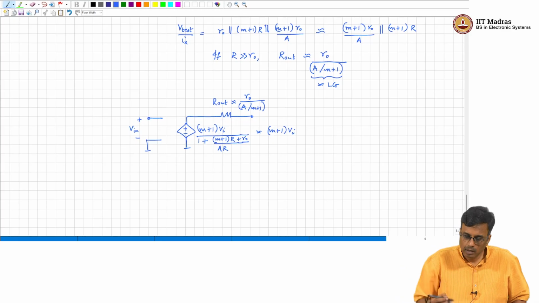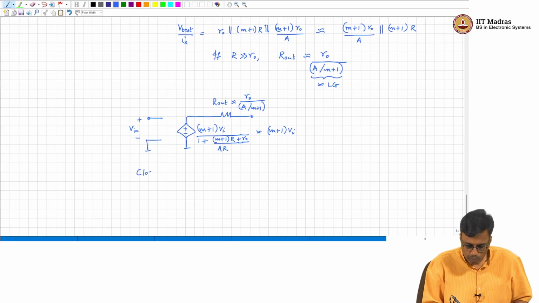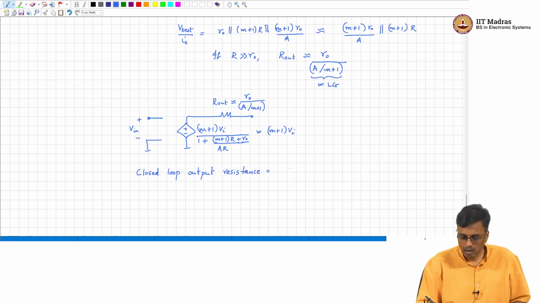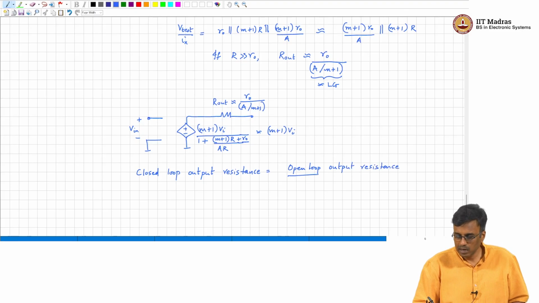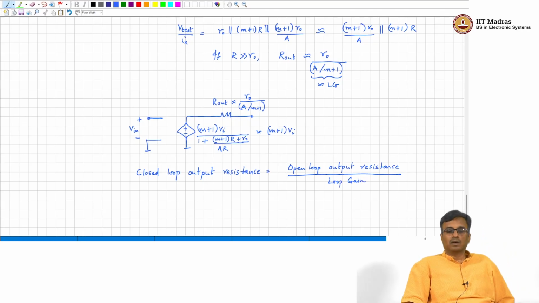So, closed loop output resistance is open loop output resistance divided by the loop gain.